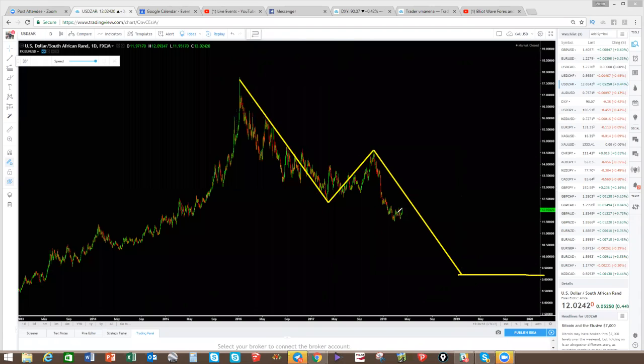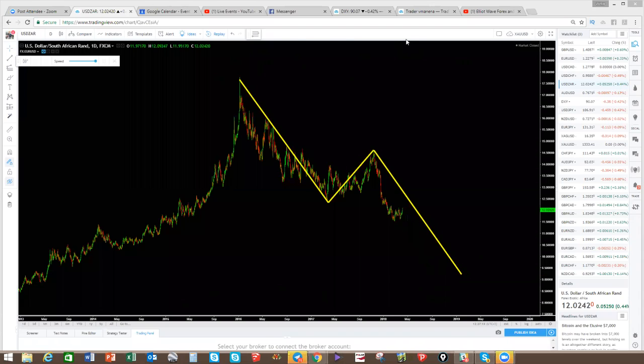Okay, so this is why every corrective structure here, every move that happens here is a corrective structure for a further move to the downside. As you can see, this was just correcting all the way, just kept making corrections as it goes down. So similarly, it may do that all the way up to the 9 ZAR area.